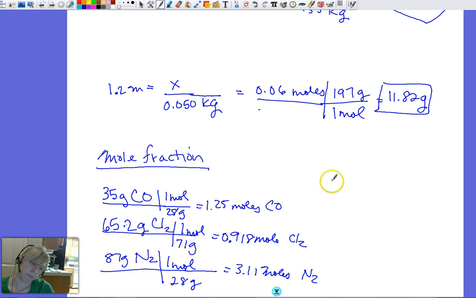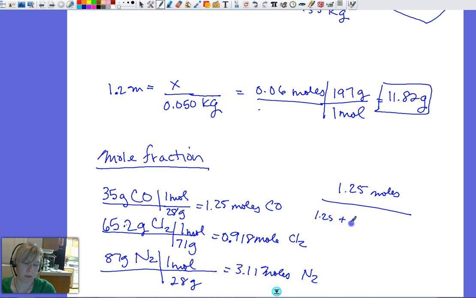So now we're looking for carbon dioxide. So we're going to do 1.25 moles divided by 1.25 plus 0.918 plus 3.11.